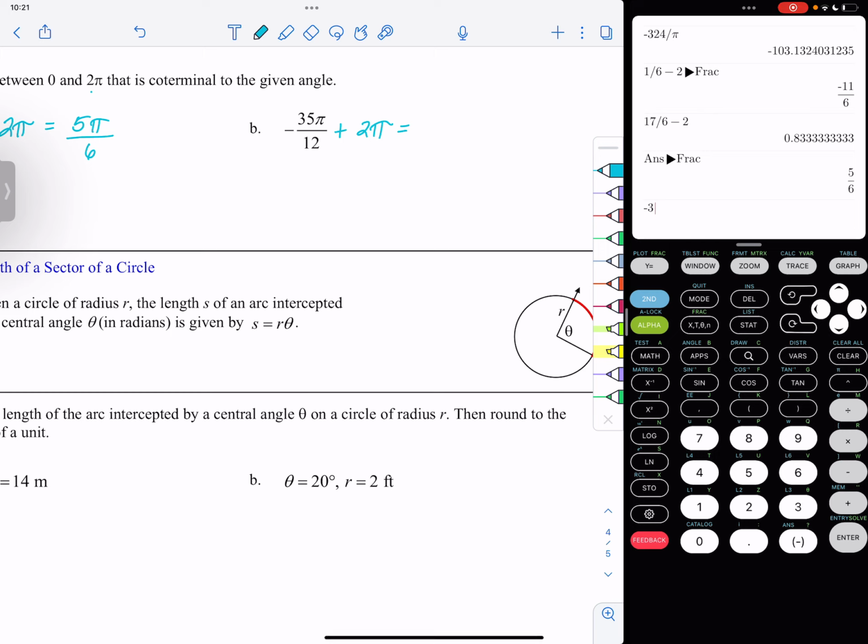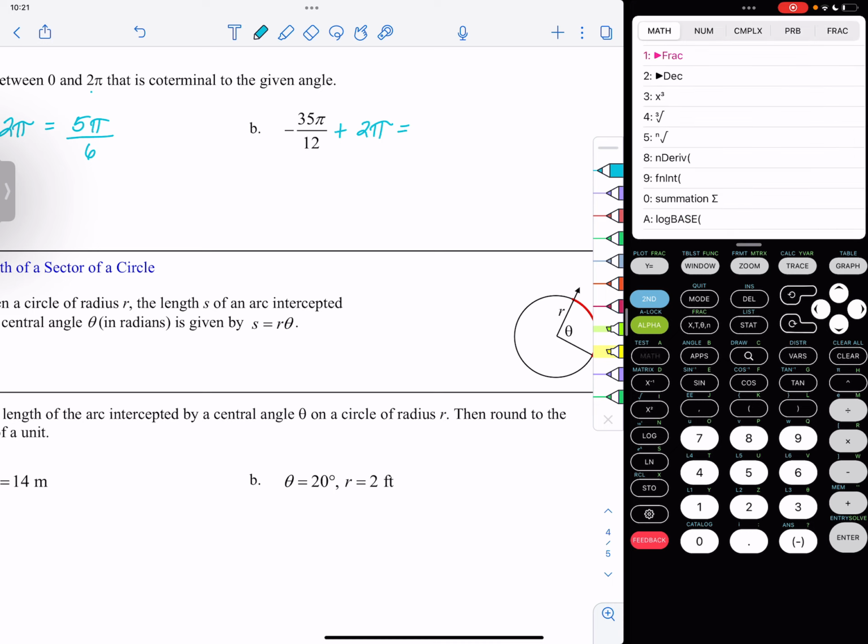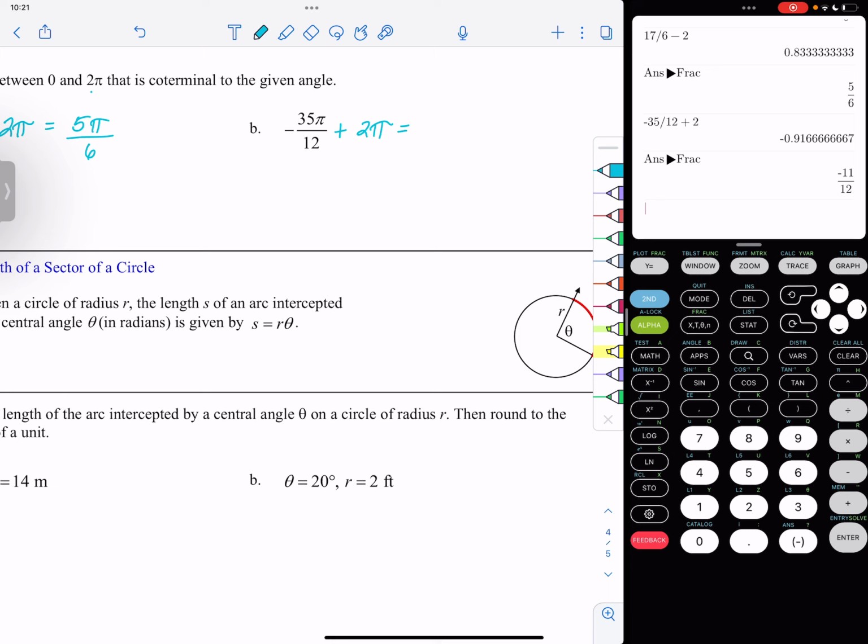Negative 35 divided by 12, and we're going to add 2. Let's math frac that, and we have a negative 11 pi over 12. So we have a negative angle, and we must find one between 0 and 2 pi.